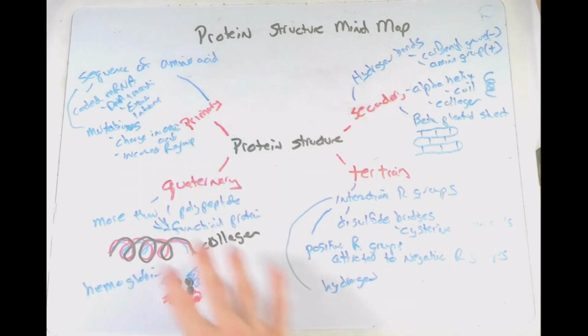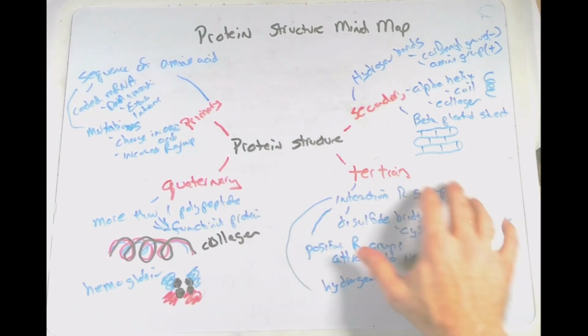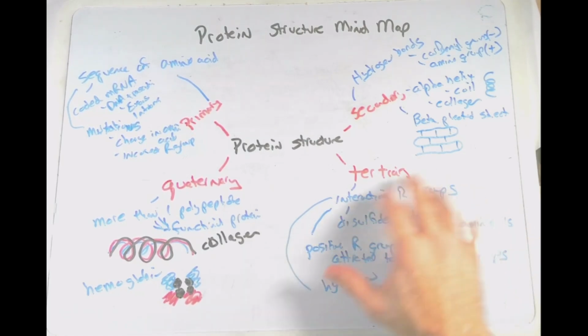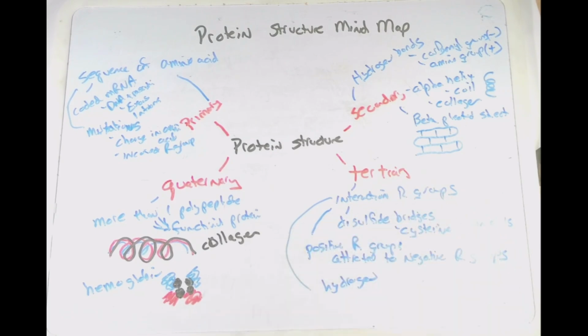Basically fill in the equivalent of this mind map, and then go back and compare it to your notes and say, okay, I know most of this stuff, but I'm a little confused about what's going on over here with these tertiary structures, these interactions with the R groups, and I need to study that a little bit more.